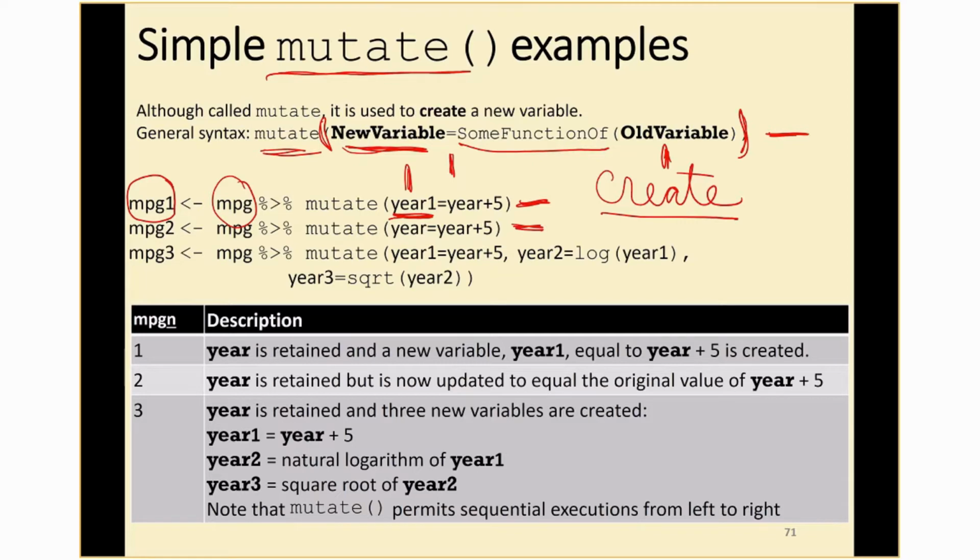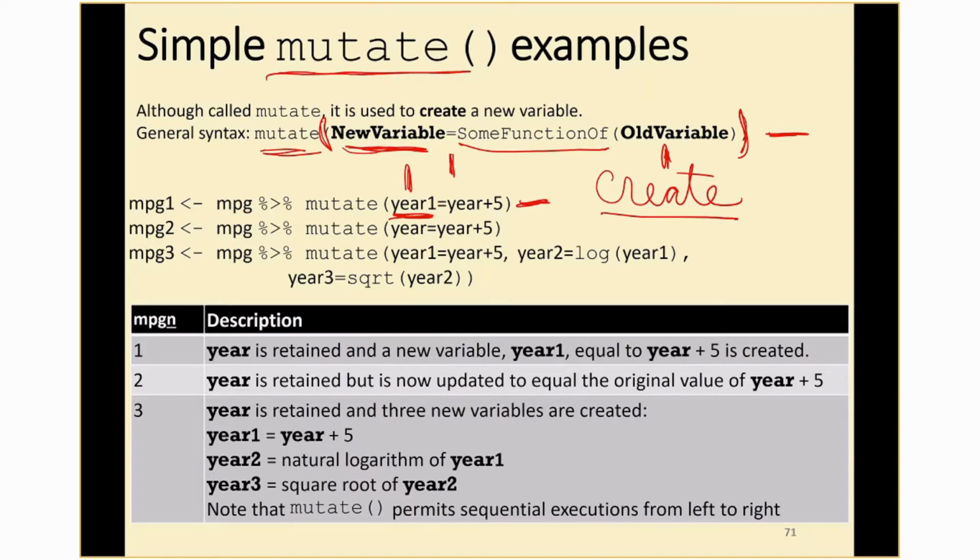In the second instance, mpg2 and mpg are both going to have 234 records and 11 different variables. It's just that the value of year in mpg2 is going to be 5 units larger than the value of year in mpg.